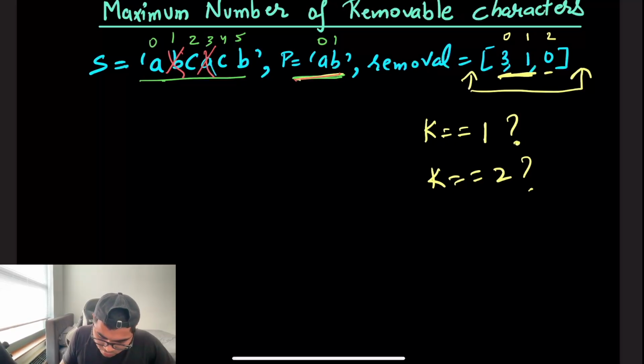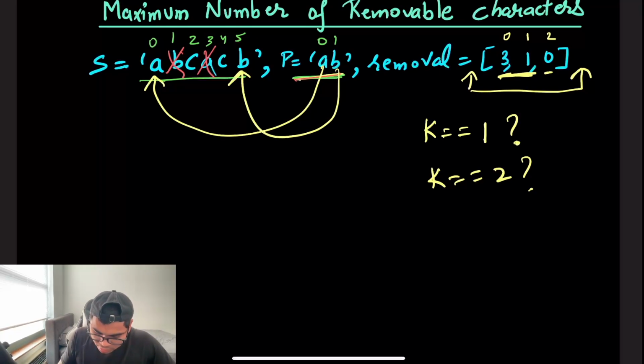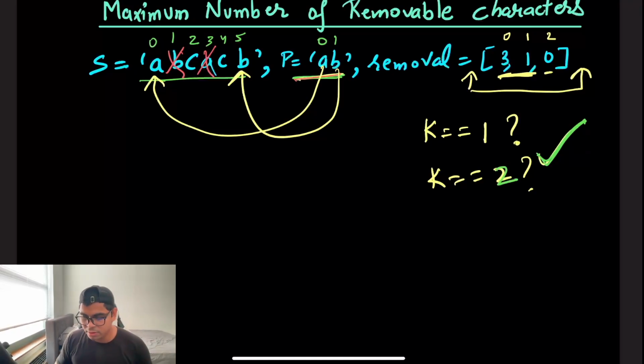Yes, it is, because you can see a is present on the 0th index and there is another duplicate of b on the 5th index. So this is the maximum k that is still valid if we choose to remove until the second value, which means k index is equal to 1.